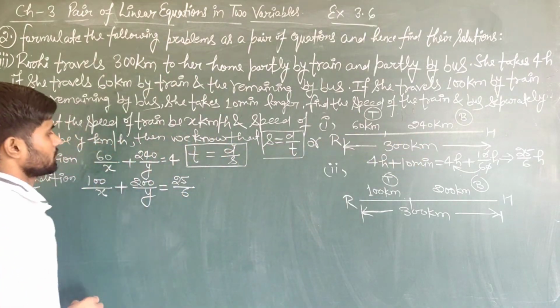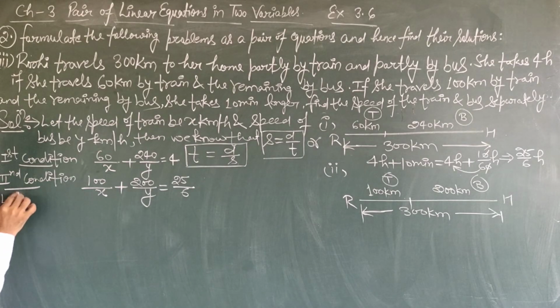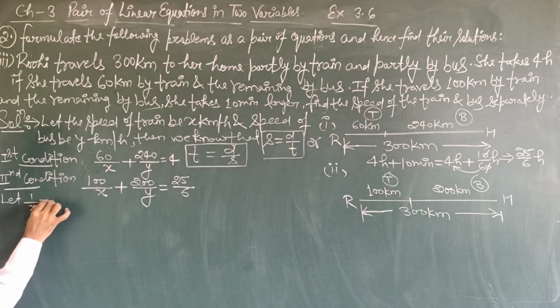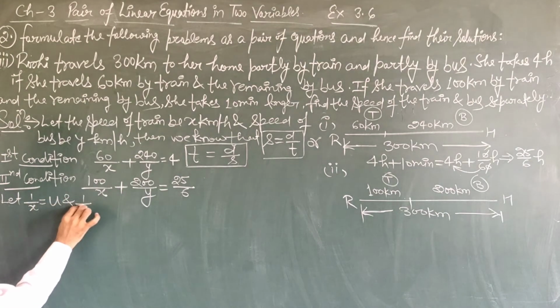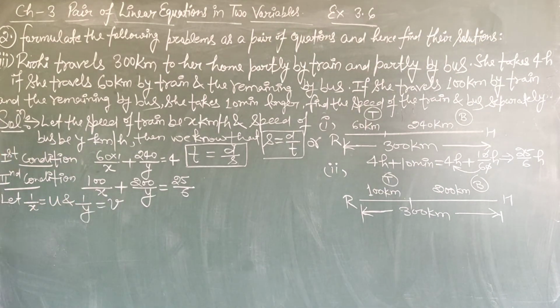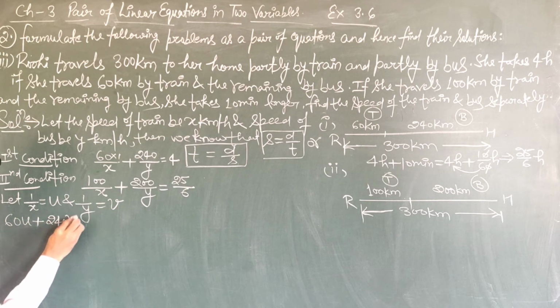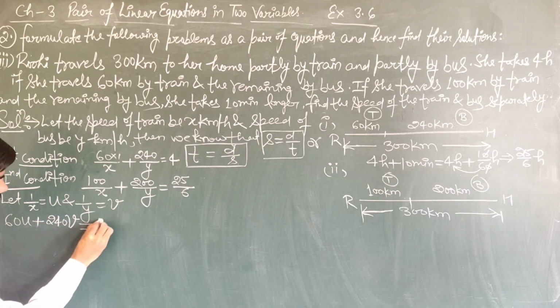Now we can let 1 upon x is equal to u and 1 upon y is equal to v. If we take 1 upon x is equal to u and 1 upon y is equal to v, then this equation will become 60u plus 240v is equal to 4.